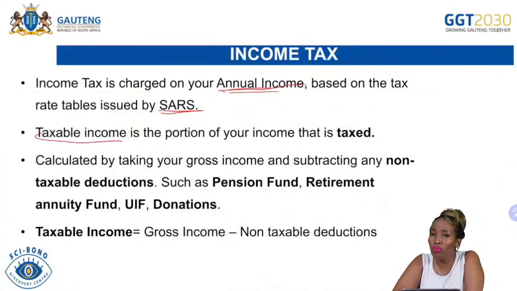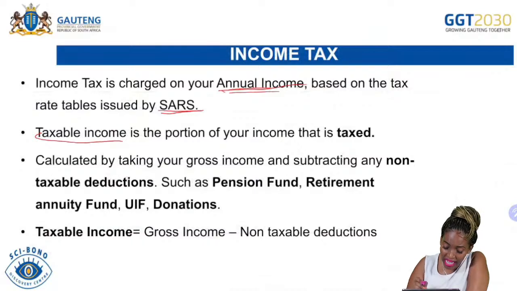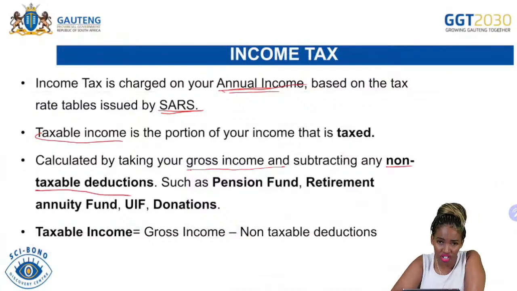How do we decide which one must be the taxable income, which one must be taxed, and which one must not be taxed? We calculate taxable income by taking your gross and subtracting your non-taxable deductions. So by doing that, the balance, the answer that we get, gives us the taxable income.